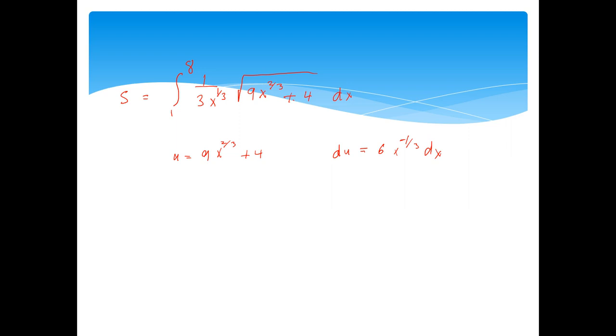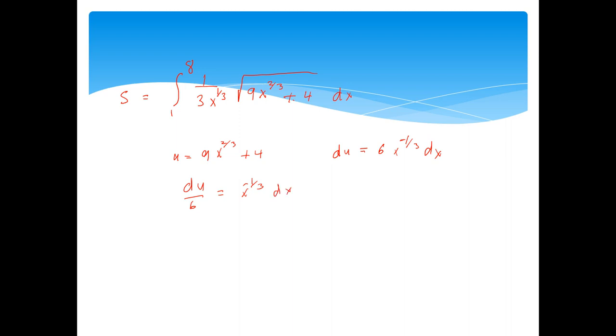So then we can say du over 6 is equal to x raised to power negative 1/3 dx.